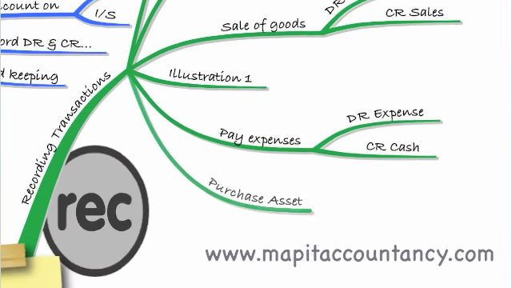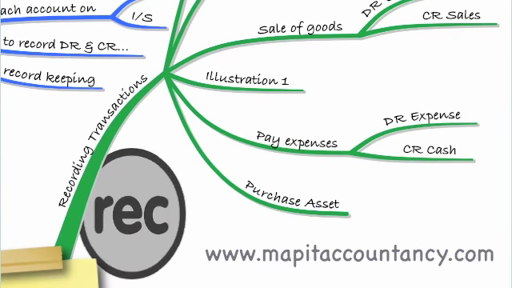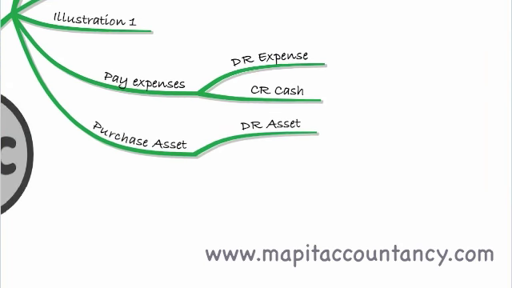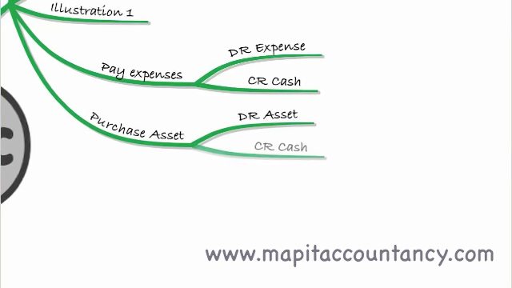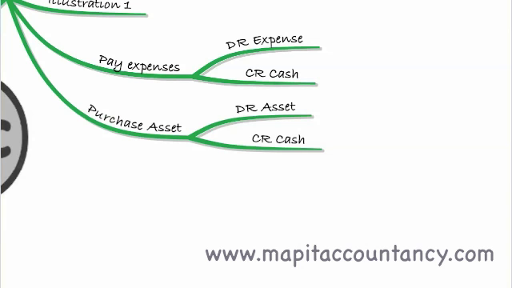The next item that we're going to deal with is the purchase of the asset. Well, we know assets are debit balances, so to bring that asset in, we will debit the non-current asset. So debit the asset and credit cash with the amount we paid for it. So debit the asset, credit cash. Remember, crediting cash will reduce that amount of cash. So let's do that for our illustration.